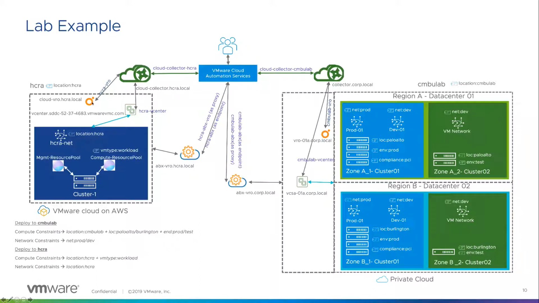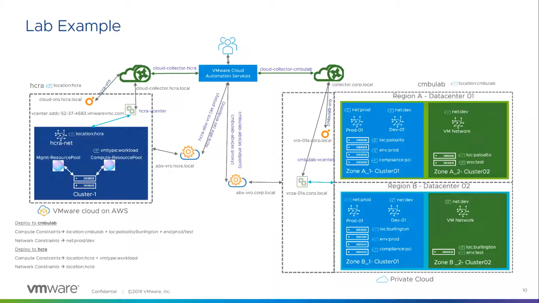So I have vRO servers driving my extensibility logic in both environments. The right side, my on-prem environment, is CMBU lab, and I have on-prem ABX actions, so the cloud proxy is deployed for that. So whatever logic I'm deploying, I can choose vRO server or ABX actions.